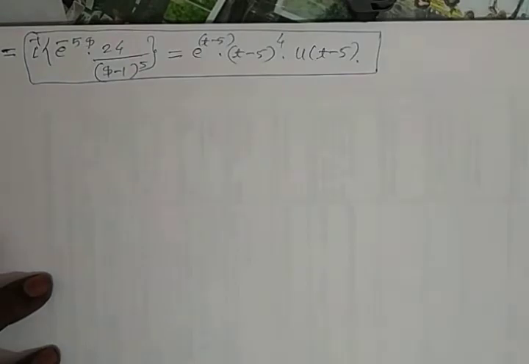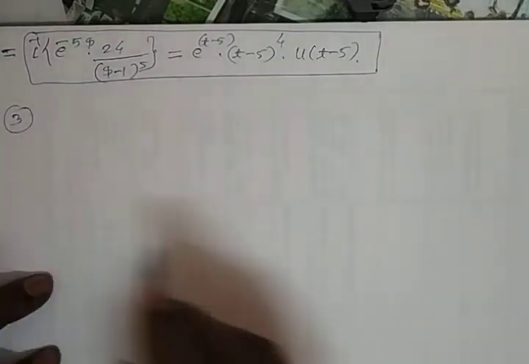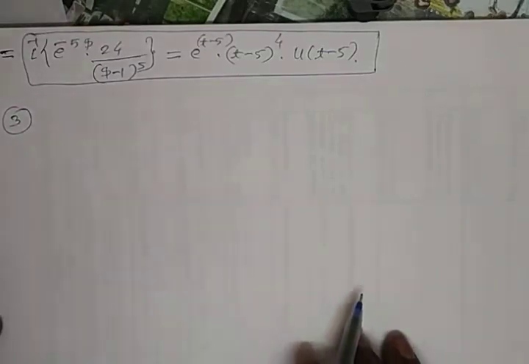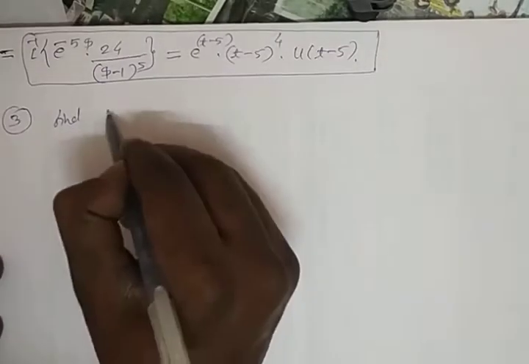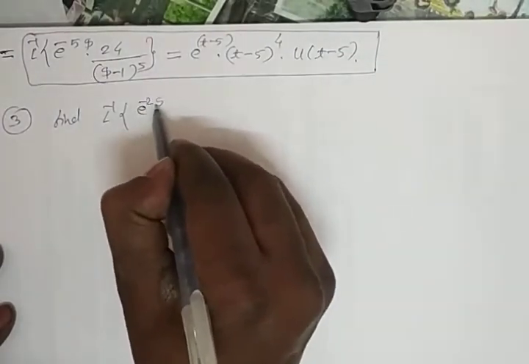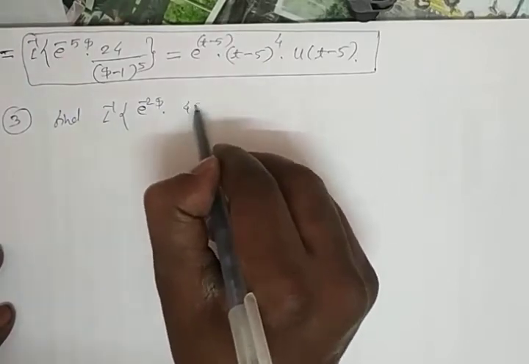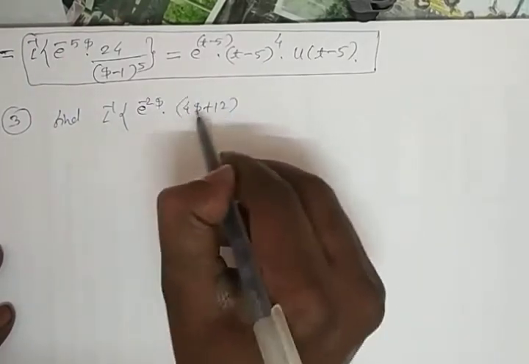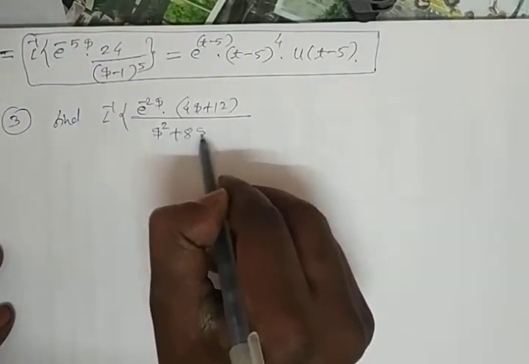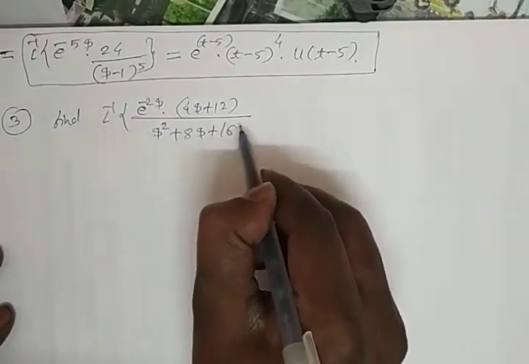Now let us take another example. Find Laplace inverse of e raised to minus 2s into 4s plus 12 upon s square plus 8s plus 16.